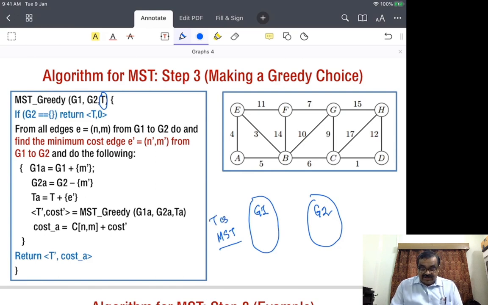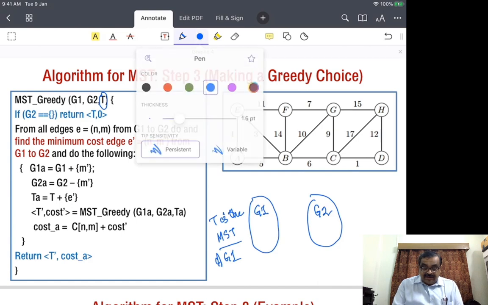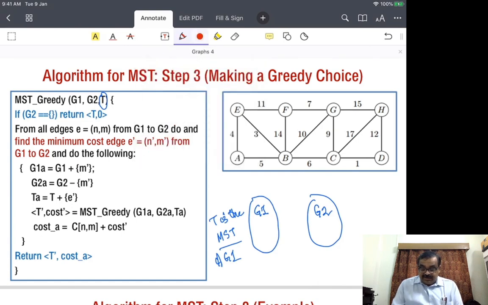T is the MST of G1. G2 is the remaining set of nodes. And there are, let us say, three edges, E1, E2 and E3 coming out from G1 to G2.